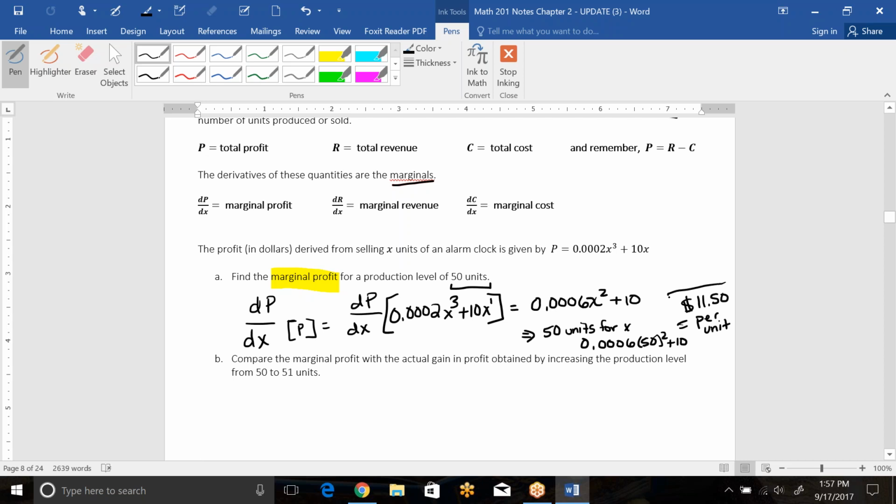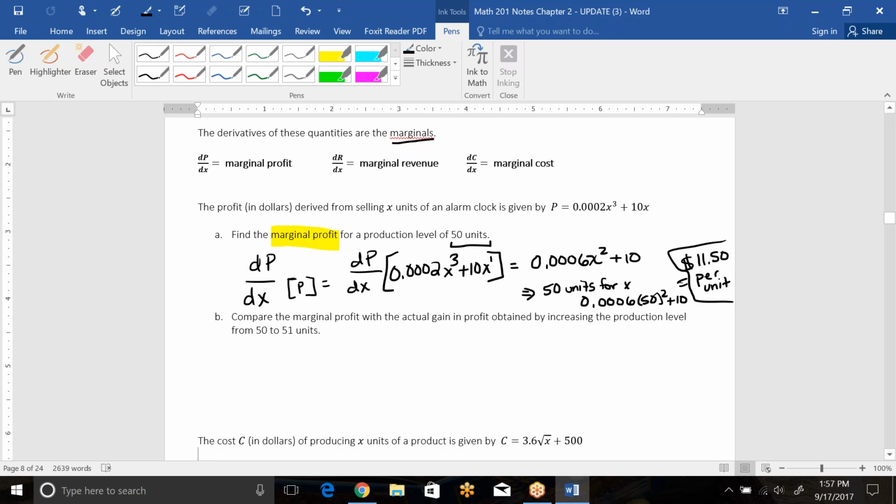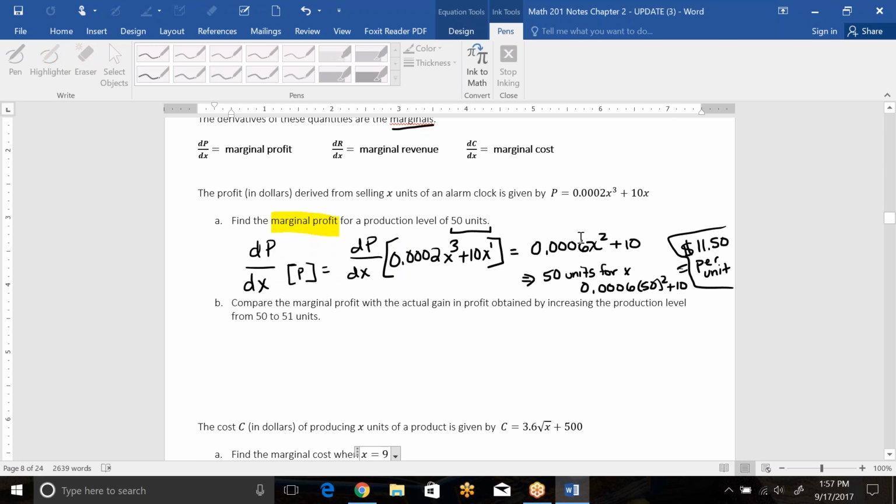Now that's called their marginal profit, okay? We want to compare the marginal profit with the actual gain in profit obtained by increasing the production level from 50 to 51. So if we have 50 units and we want to increase that to 51, we want to see, is that close to the 11.50 that the marginal profit estimates?